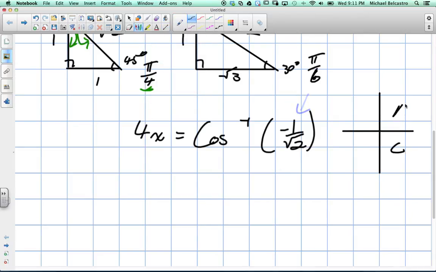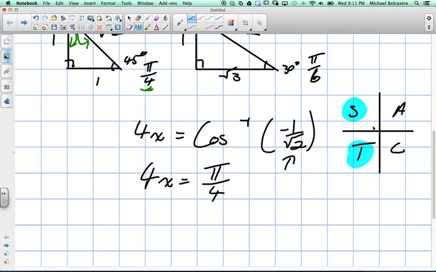This is when cos is negative, so the 2 quadrants where we're negative are quadrants 2 and 3. And remember we discovered the angle of pi over 4, so we have to find out what angles would be pi over 4 here.